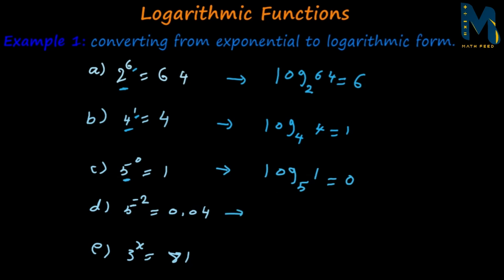And then log with base 5 equals the exponent, which is negative 2, and the remaining number we write next to the logarithm. This is how we take the inverse. And that one, log base 3 equals the exponent, which is x, and the remaining number we write here. This is how we convert from exponential to logarithmic form.